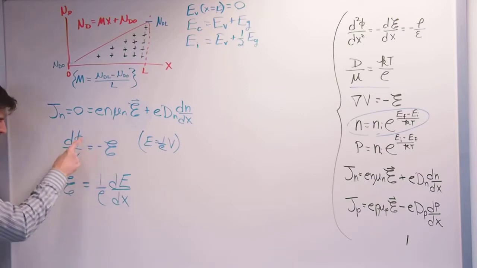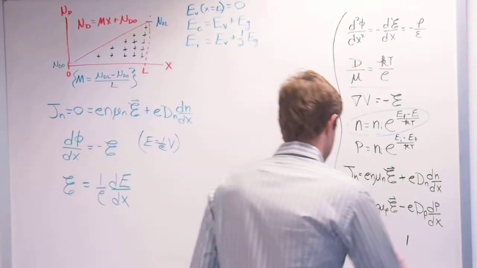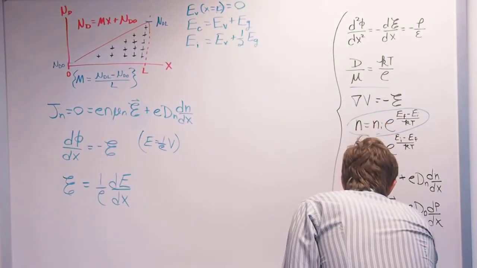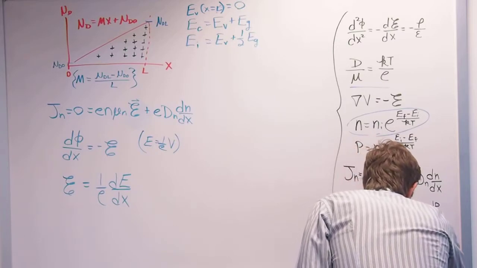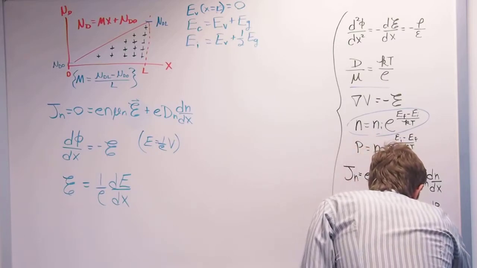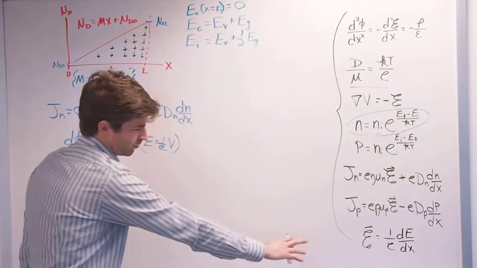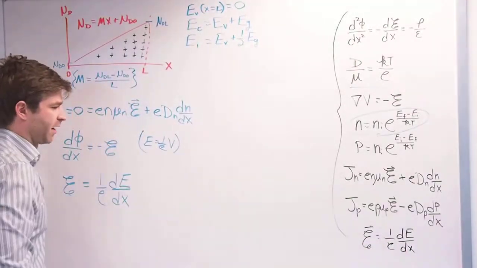Because that's the difference between voltage and energy in terms of electron volts. So I'm going to rewrite this equation right over here in black. Electric field, E, is equal to 1 over E, dE over dx. So if we can find what E is, we can integrate both sides with respect to dx, and we're going to find a value for energy.